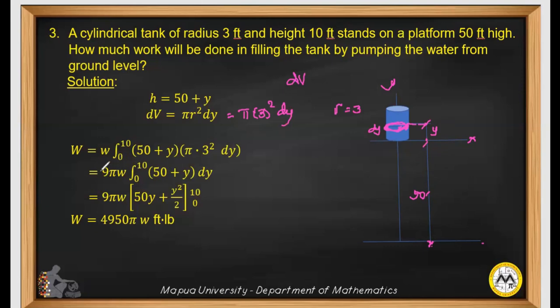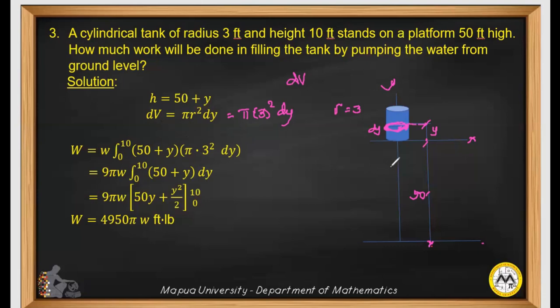Therefore, the work done is equal to the density times the integral of h, which is 50 plus y, times the differential of v, which is pi times 3 squared dy. And if we simplify, just bring out pi times 3 squared before the integral sign, and that will give us 9 pi times the density.